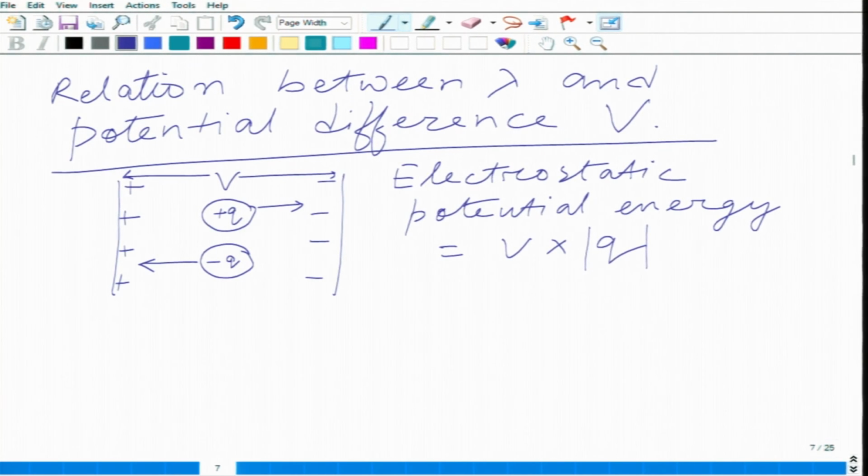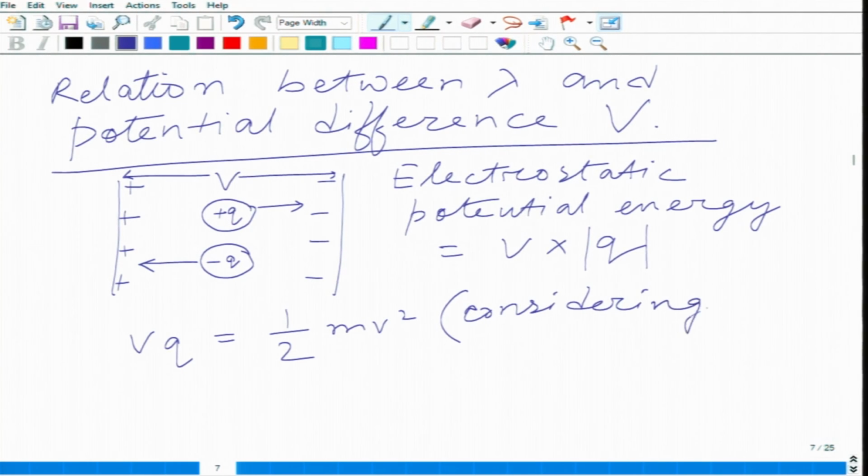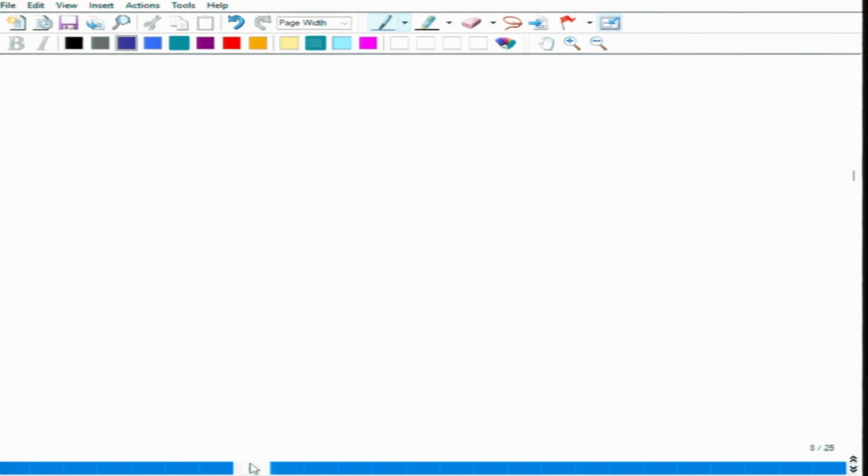Now we know that by the law of conservation of energy, energy will remain constant. So, if we consider kinetic energy in place of electrostatic potential energy, then in this case V into Q will be equal to half mv square. This is considering kinetic energy.